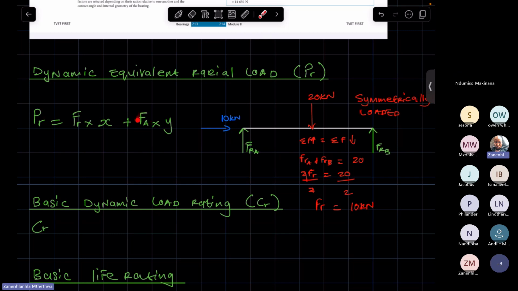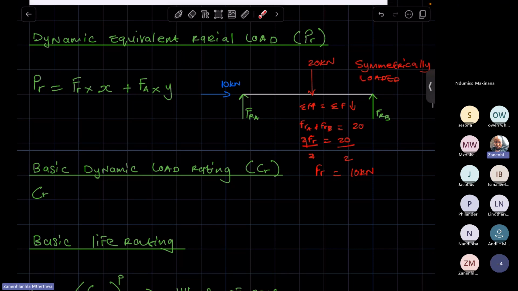This here represents the axial reaction at the support. So each bearing supports 5 kilonewtons of this 10. You have 5 here and you have 5 there. Hence here, you would substitute 5 kilonewtons. Are we clear now? Yes, sir. Thank you. All right.